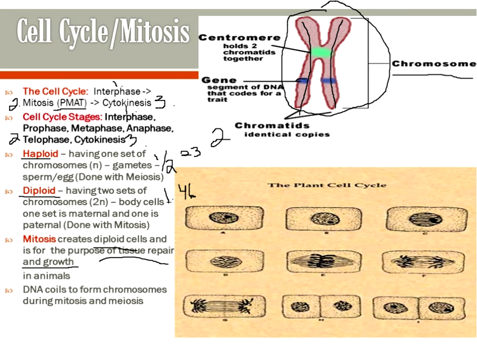A gene is a little piece of a chromatid, and a centromere holds everything together. That's important vocabulary that I hope we all know. The chromosome looks like just an X. Chromatids are each half of that X. A gene is located on a piece of the chromatid, and the centromere holds everything together.